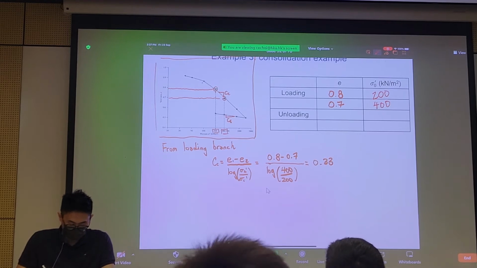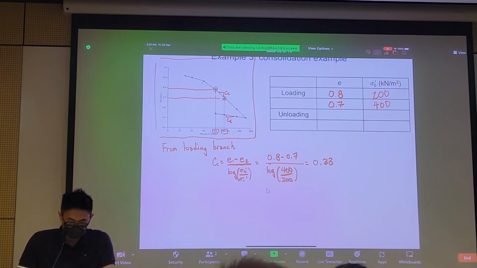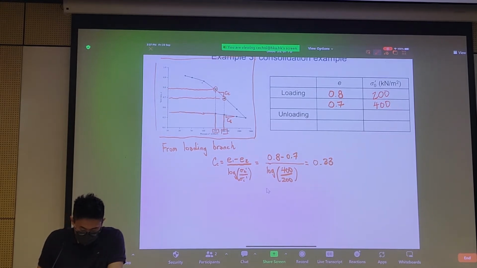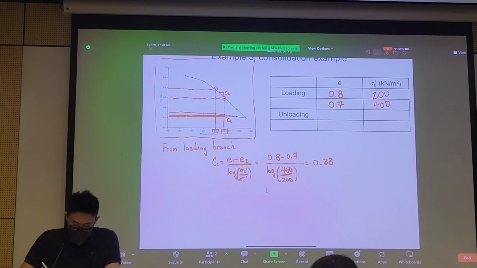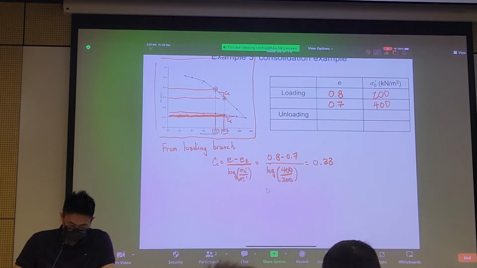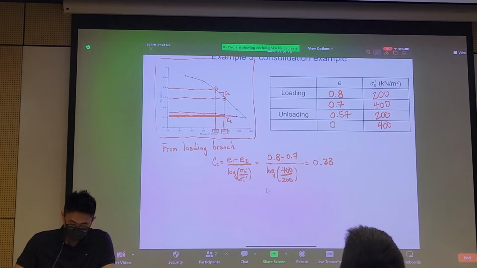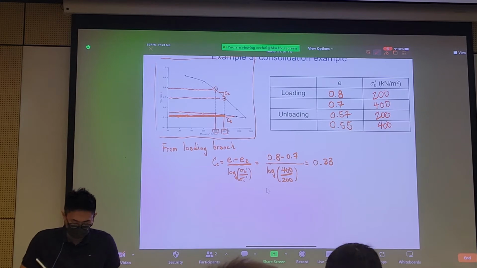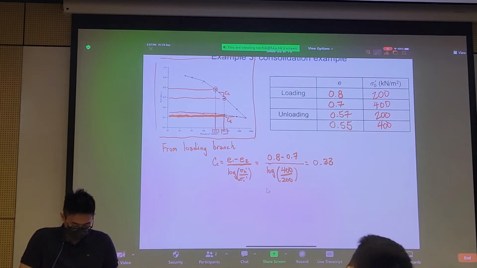Well, for the CS value, we can use the same method, except we can probably go down to 400 and 200, but we have to try to pull up these void ratios here. So if we pull up these values, so we use 200 and 400 for the stress levels, and you would probably pull up some values like this in terms of void ratio. And you know that you can calculate the slope now to get your swelling index.